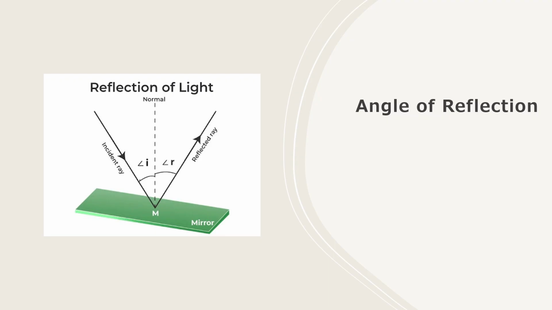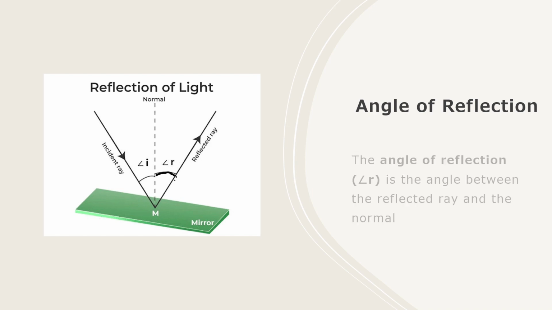Then angle of reflection. Can you tell me what is angle of reflection? Yes, the angle between the normal and the reflected ray. So here you can see angle R.